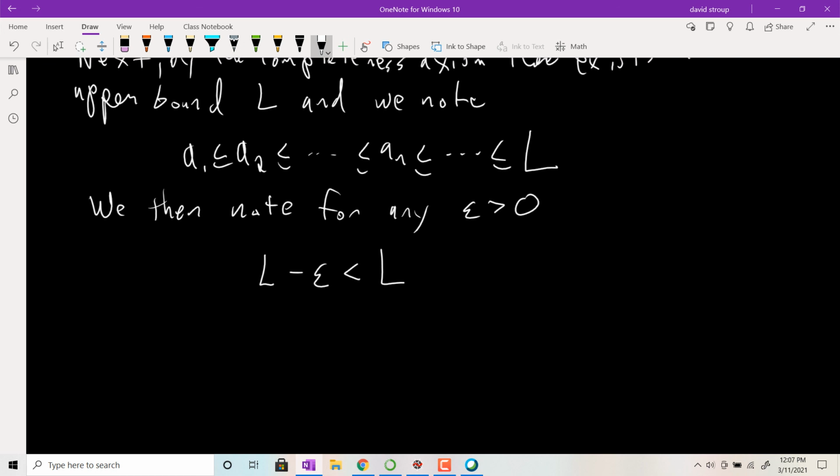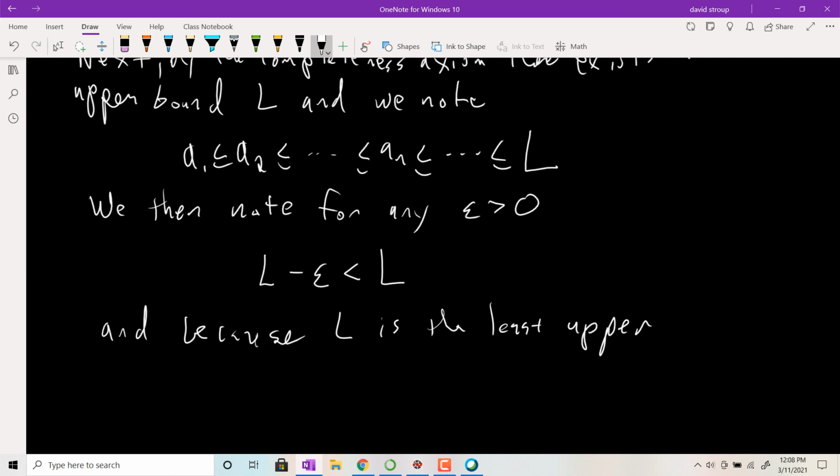Let me try to write that out. So we know for any epsilon greater than 0, L minus epsilon is less than L. And because L is the least upper bound, there must be some a sub something. So let's say a sub, I'm running out of variables.